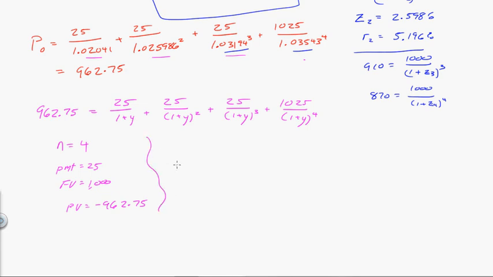I plug all that in, and IY comes out. My yield to maturity is the IY times 2. And I didn't write down IY, I just wrote down what it was times 2, which is 7.029%. So the yield to maturity is, in a sense, the average of these interest rates.